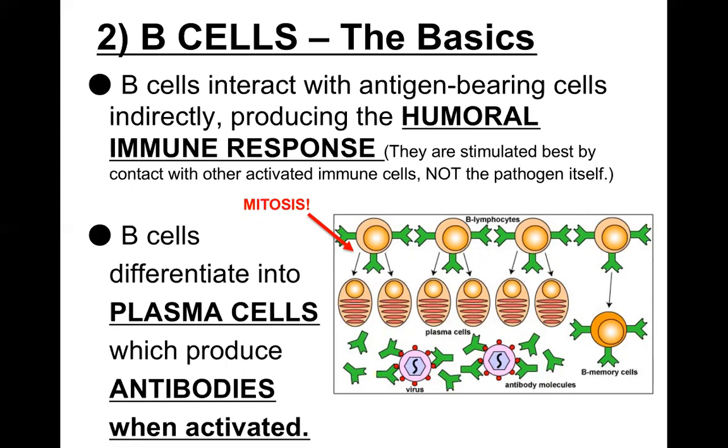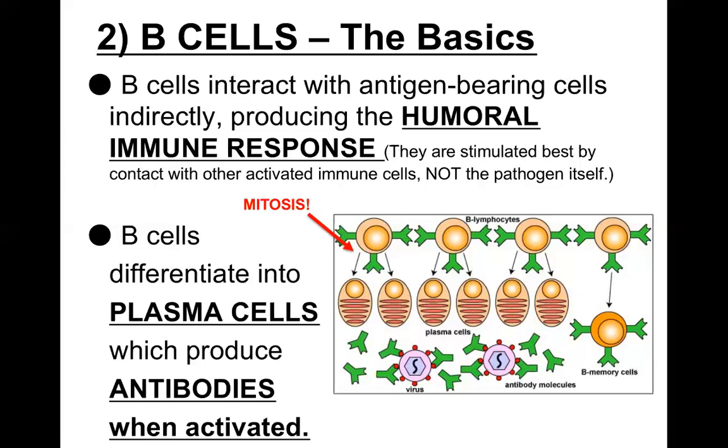You won't get as strong of an immune response if we don't have help from the helper T cells, although usually B cells will have encountered the pathogen themselves before that supplemental activation from a helper T cell.